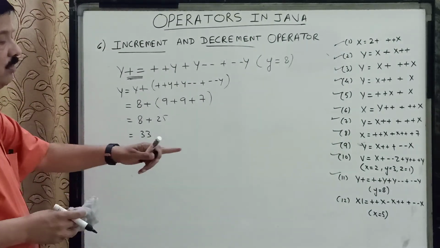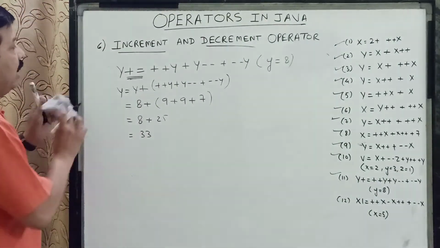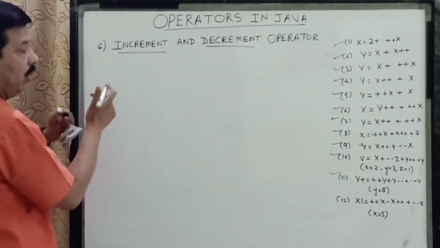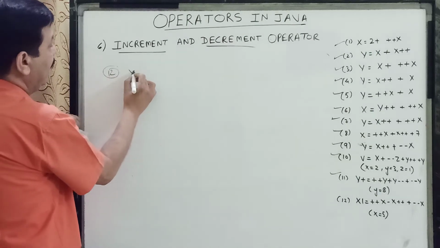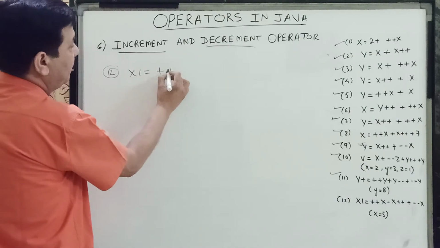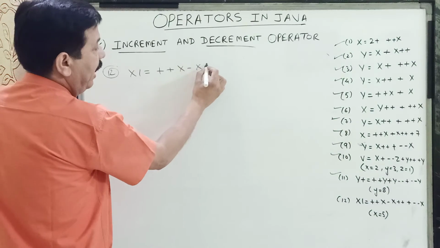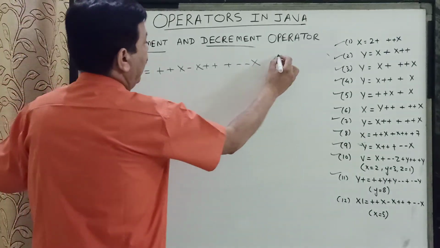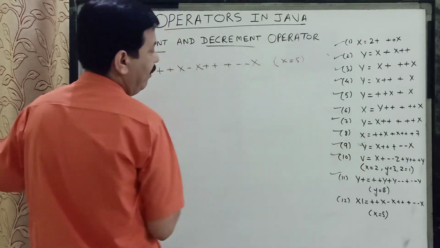Now children, of 2017, this is the last question which I have written here, and we are going to do some more questions of the boards also. x1 is equal to plus x minus x plus minus x. And children, x is equal to 5, that is given.